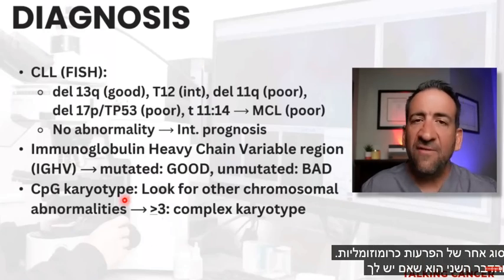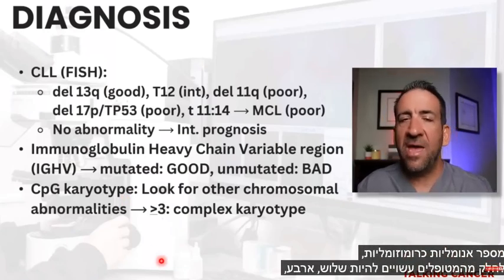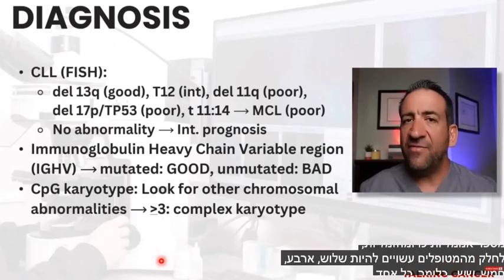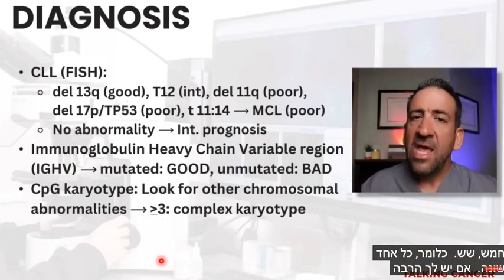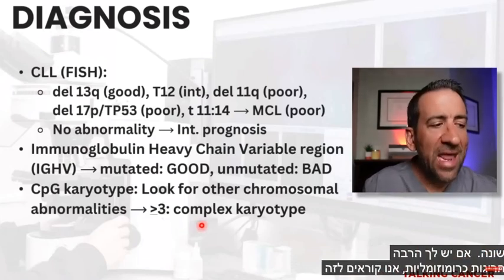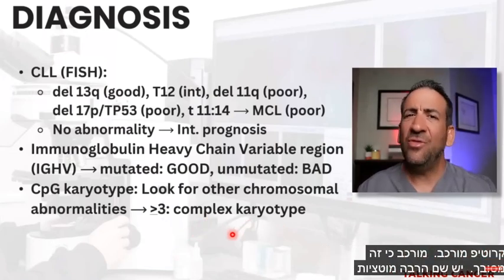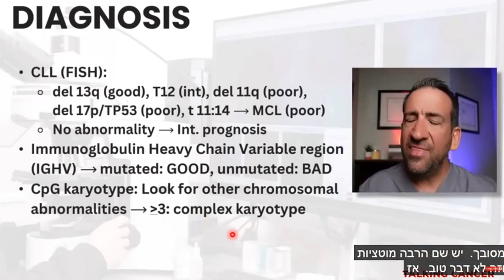And if you have multiple chromosomal abnormalities, some patients may have 3, 4, 5, 6. I mean, everybody's different. If you have many chromosomal abnormalities, we call that a complex karyotype. Complex because it's complicated. There's a lot of mutations there, and that's not a good thing.